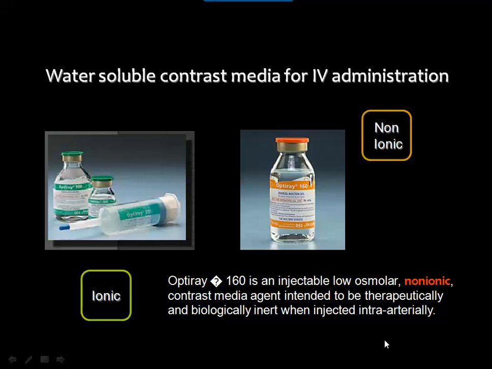The difference between both is actually in the composition of the contrast medium and also in the price, because the ionic contrast media are usually cheaper than the non-ionic contrast media, and also the reaction or the sensitivity to the contrast is somewhat lower in the non-ionic contrast media compared to that for the ionic contrast media.